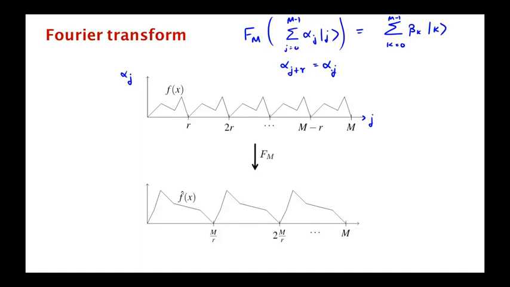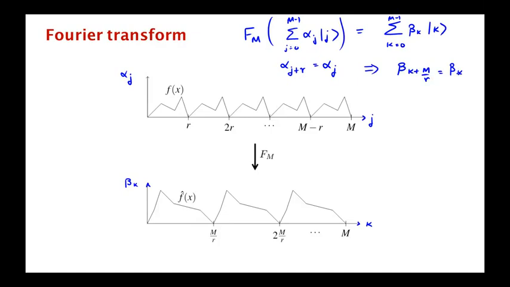We are claiming that this implies that beta must also be periodic. Here we are plotting k along the x-axis and beta sub k along the y-axis, and what we're claiming is that beta must be periodic with period m over r. So beta sub k plus m over r must be equal to beta sub k.